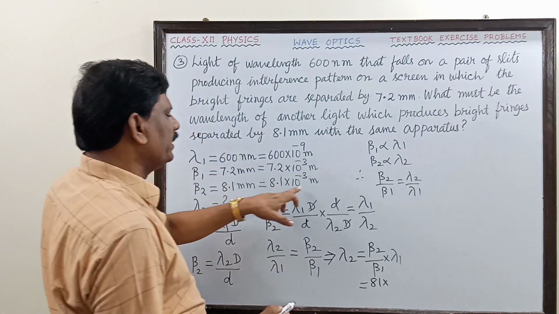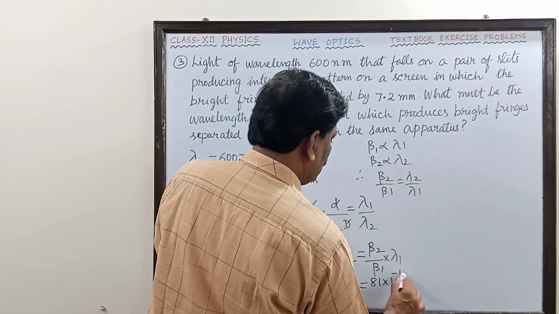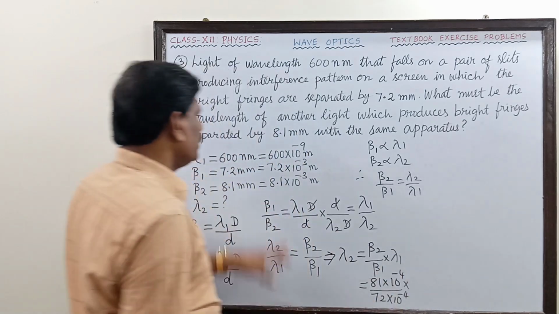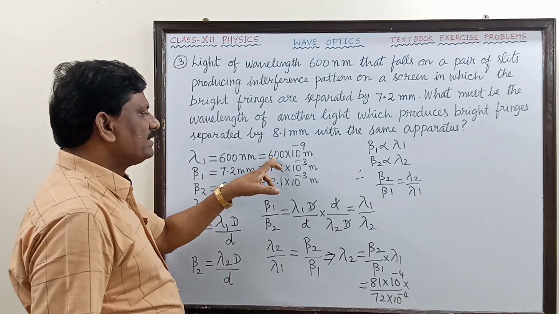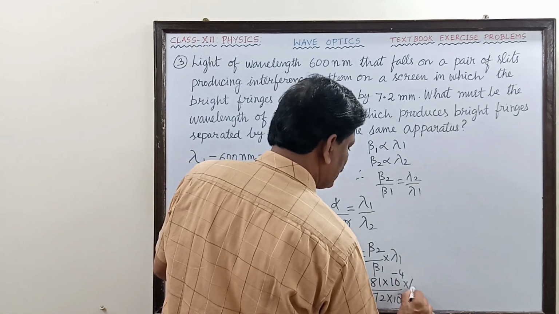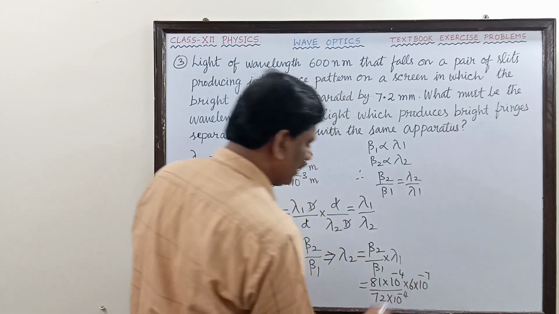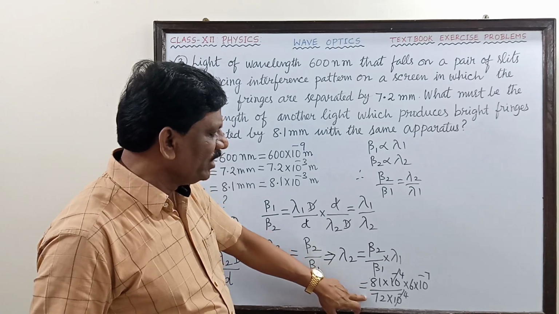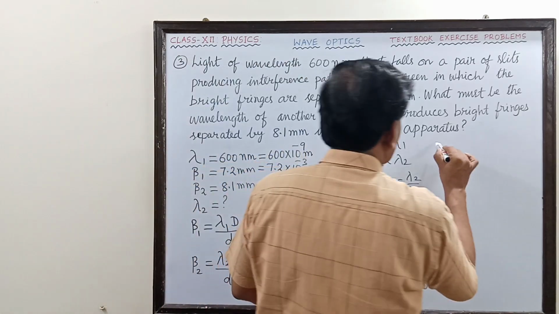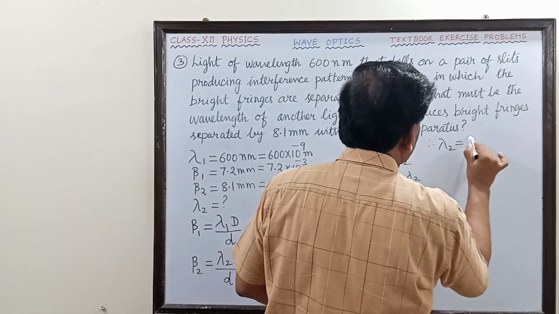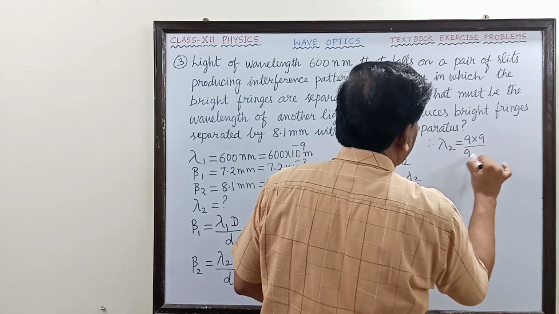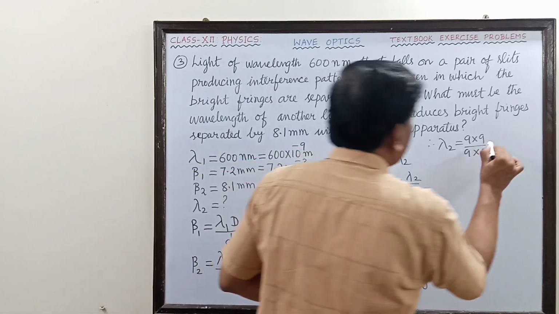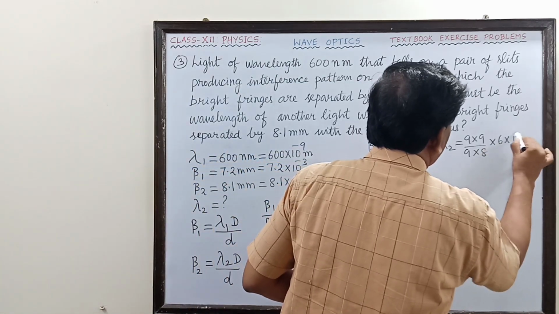So I can write 81 into 10 power minus 4 divided by 72 into 10 power minus 4, into 600 nanometer, which is 6 into 10 to the power of minus 7. So 10 power minus 4 get cancelled. 9 9s are 81, 9 8s are 72. So lambda 2 is equal to 9 into 9 divided by 9 into 8, into 6 into 10 to the power of minus 7.